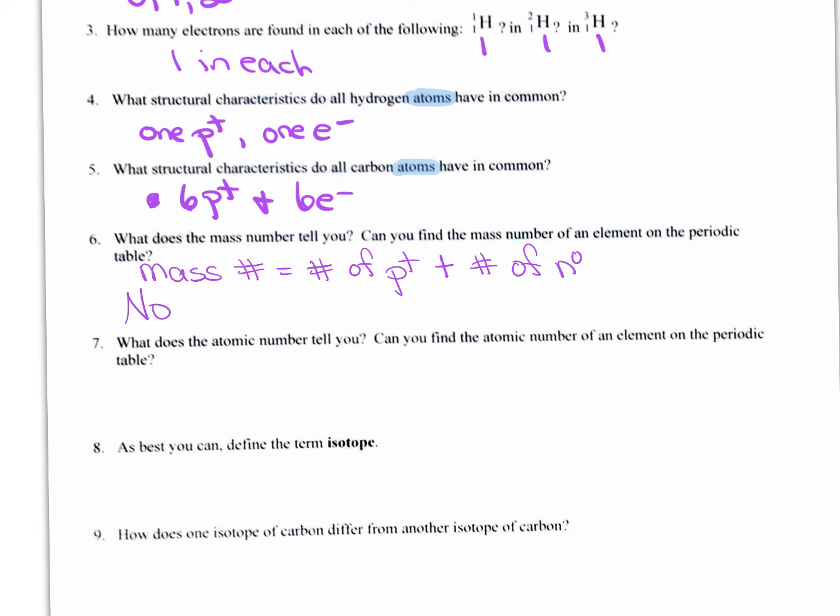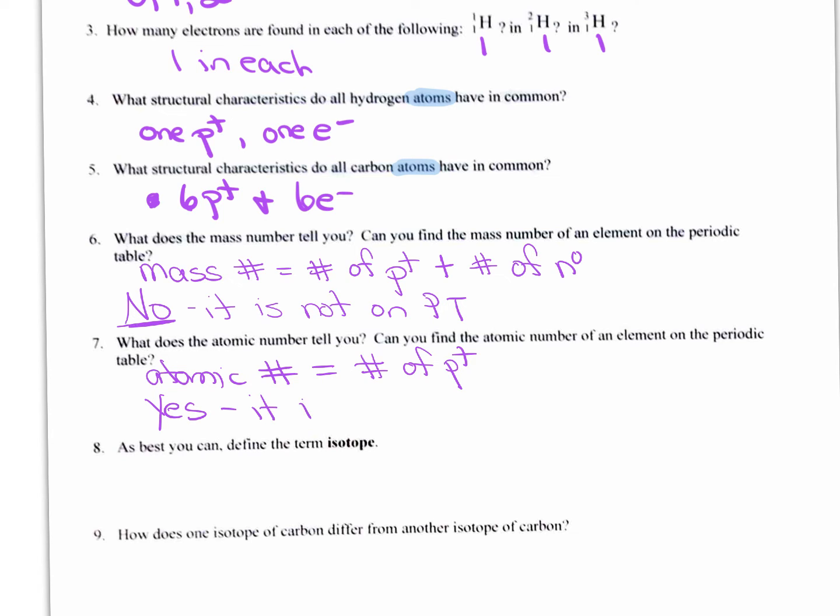No. It is not on the periodic table. I'll just say PT for periodic table. Okay, what does the atomic number tell me, and can we find this on the periodic table? The atomic number equals the number of protons, and it actually tells me what element it is. Can we find this on the periodic table? Yes, it is on the periodic table.